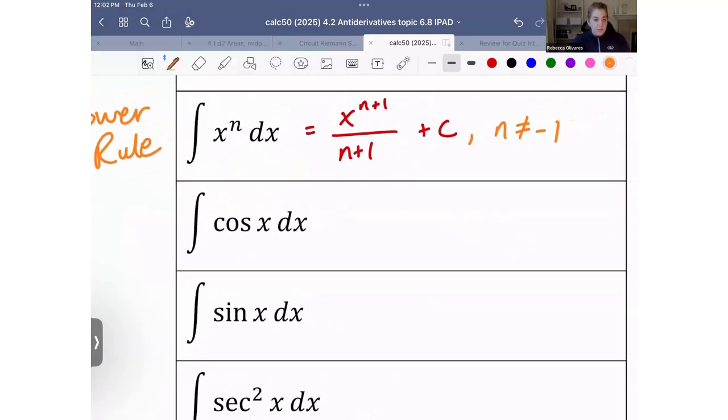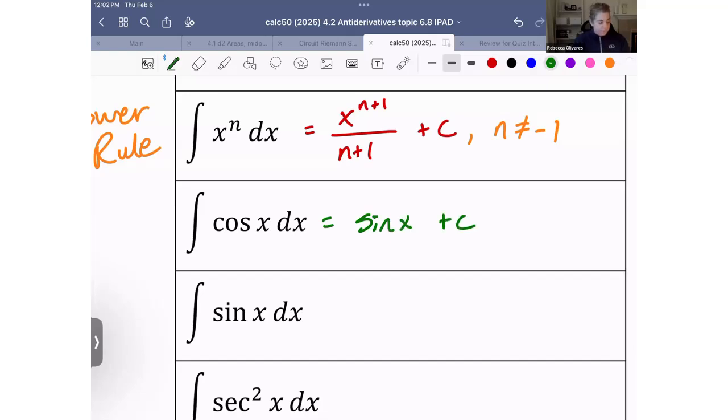Okay, then we have the antiderivative of cosine of x. If we were together in the room, I'd see if you guys can guess it. But it is the sine of x plus c. Technically, the parentheses go around that x there. Then the antiderivative of sine of x is going to be negative cosine of x plus c.